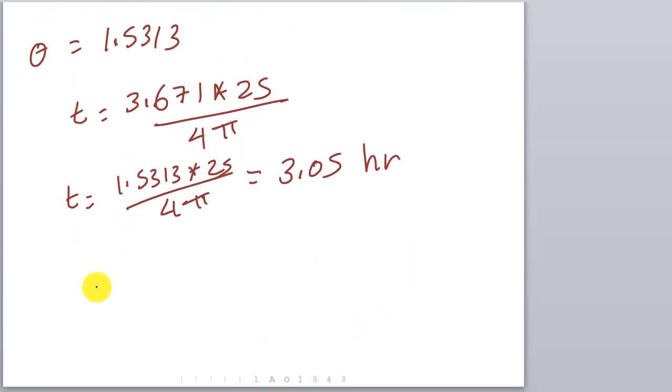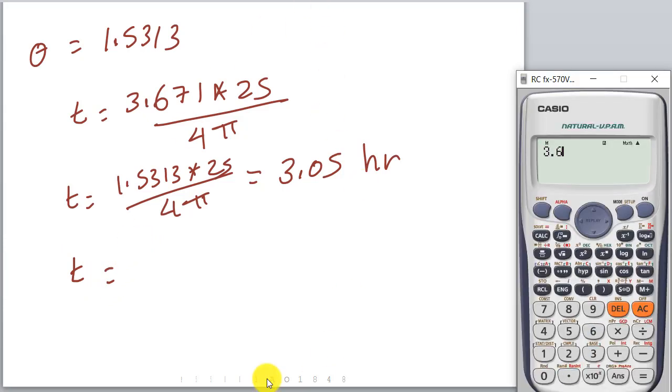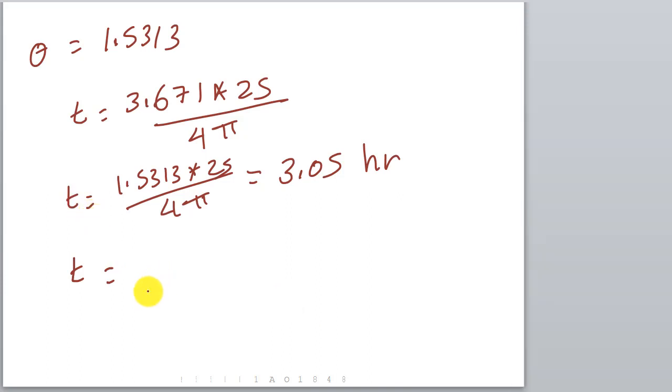So the second t was equal to 3.671 multiplied by 25 divided by 4 divided by pi. So it's equal to 7.3 hours.